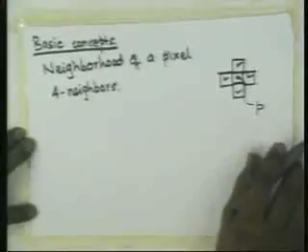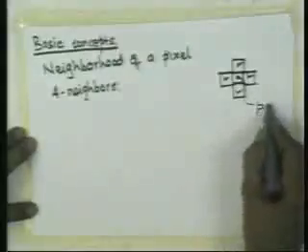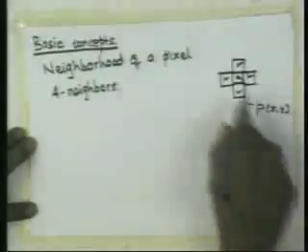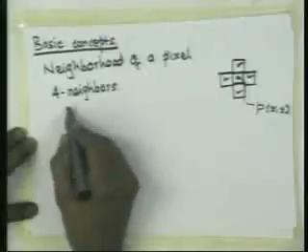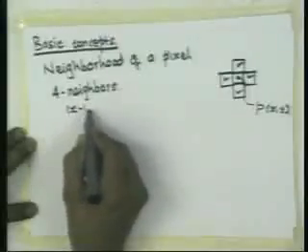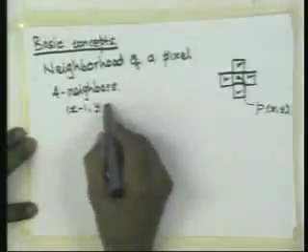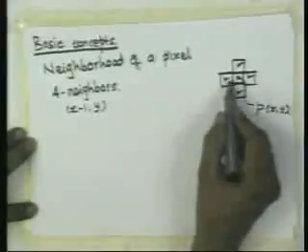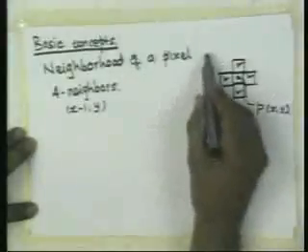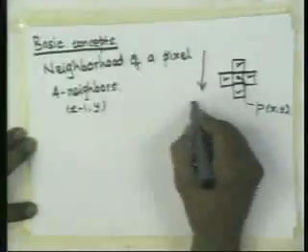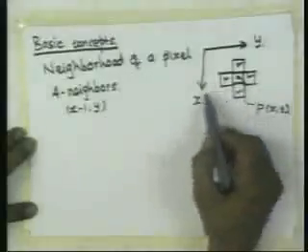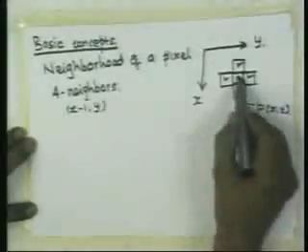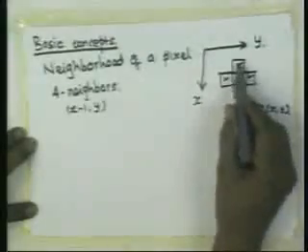Right? So obviously if this had location x, y, then the 4 neighbors are going to be x minus 1, y, which will give me this pixel. Just remember that I am keeping the x axis here, the y axis here. So x minus 1 is this one, and y is this one.